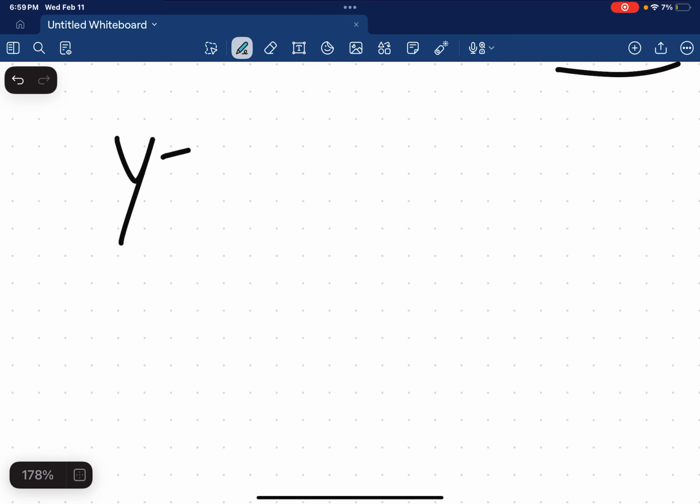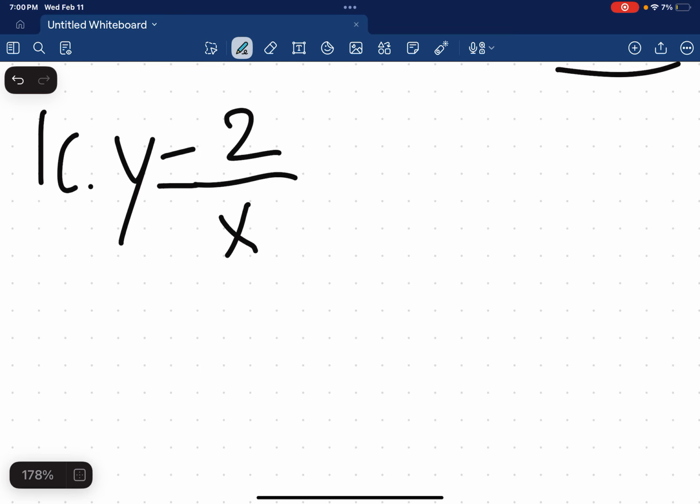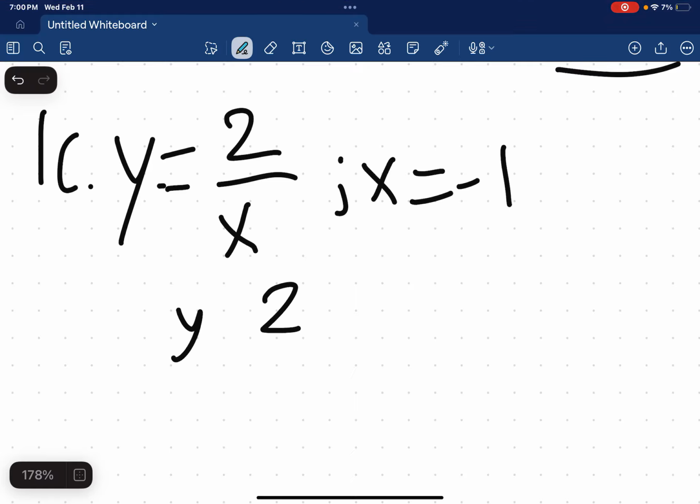On C, we have y is equal to 2 divided by x at x equal to negative 1. For this, we can just use the power rule once again. Rewrite this as y equals 2 times x to the negative 1.